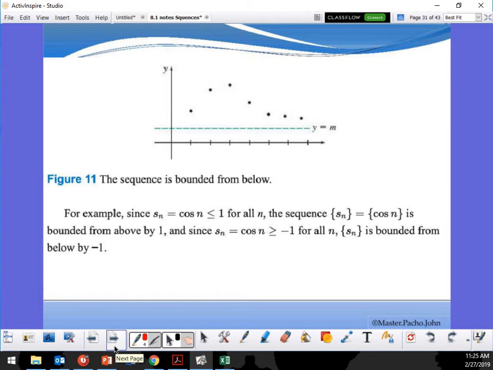So here's an example of a sequence that's bounded below by lowercase m. For example, since S of n is equal to cosine n, which is less than or equal to 1 for all n, the sequence S of n equals cosine n is bounded above by 1, and since S of n is greater than or equal to -1 for all n, it is bounded below by -1.